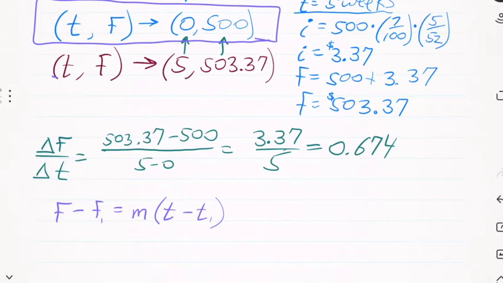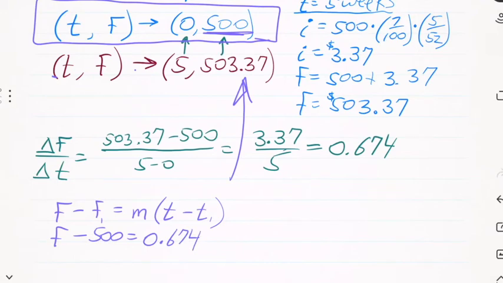And then we really don't even have to use this formula, but I'm still going to use it. So f minus f1, which is 500. Just to remind myself to go up. So this is 500 equals 0.674 times t minus t1, and in that case it's 0.